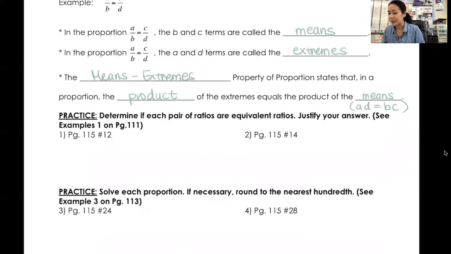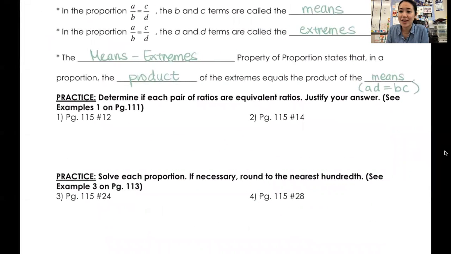Okay, so let's go ahead and use some of that in some examples. So if you look on page 115, number 12, it says 4/3 and 6 over 8. All right, so we want to determine if 4/3 and 6 over 8 are considered equal.